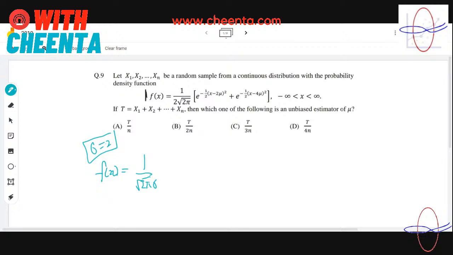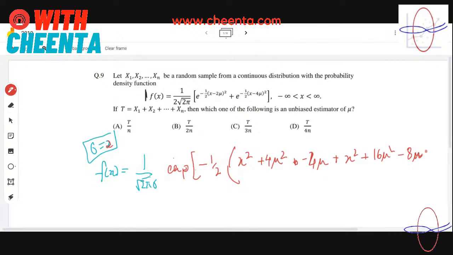If sigma is equal to 2, you get the following: exponential minus half, you take common, so you get x square plus 4 mu square minus 4 mu, plus x square plus 16 mu square minus 8 mu. Okay, and therefore you get the following.